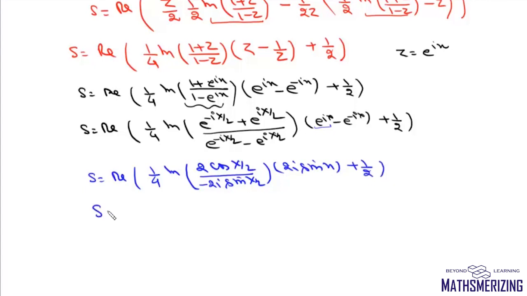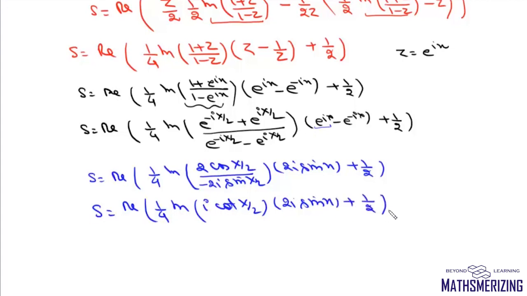So we can write this as real part of 1 by 4 and then log. Now 2 and 2 will cancel. Now 1 upon iota is iota cube, which is iota. So it will be iota cot x by 2, and then 2 iota sin x plus 1 by 2.